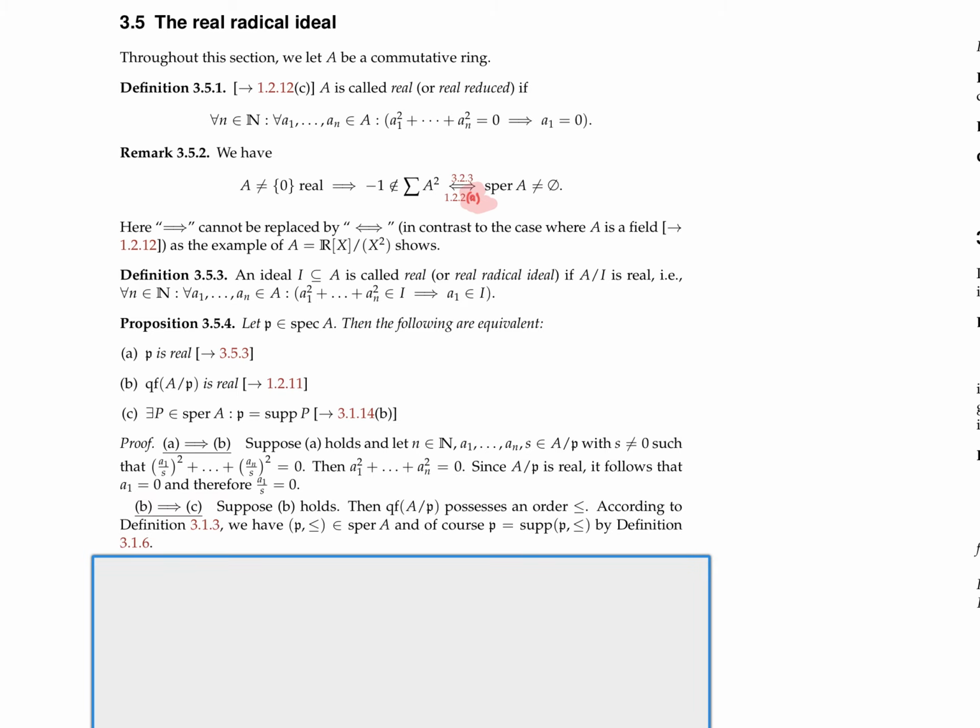So from B to C, here I used the characterization of real fields which corresponds to this. Now from B to C I will use another characterization of real fields, namely this quotient field is real when it possesses an order. And yeah, this is an order on this quotient field.